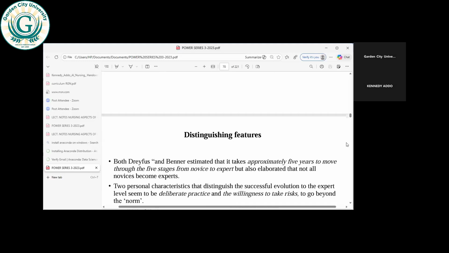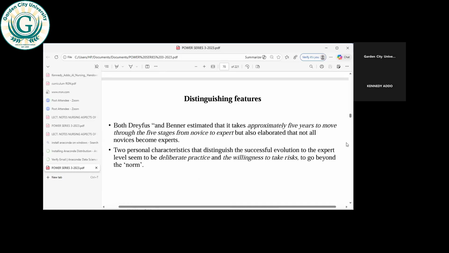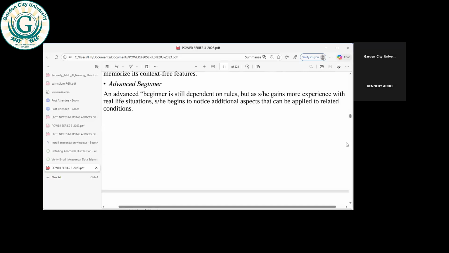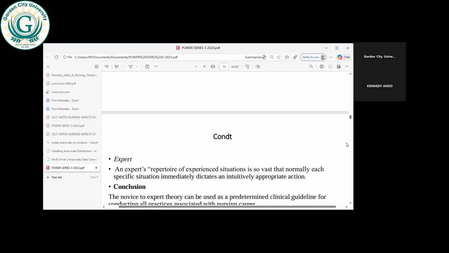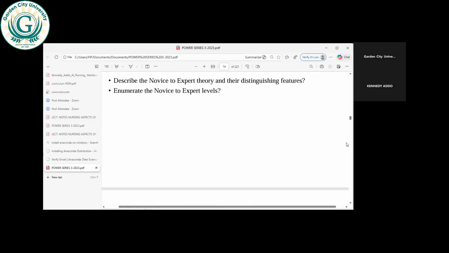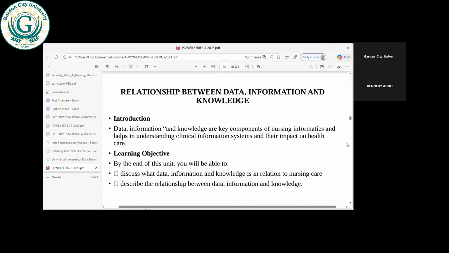These are the levels of skills acquisition with regards to the use of anything related to informatics, the skills you are supposed to bring on board.